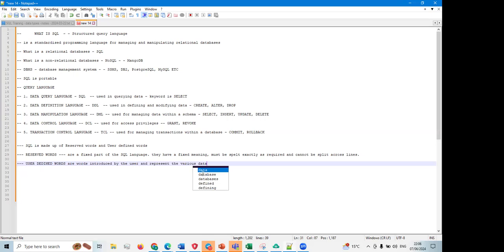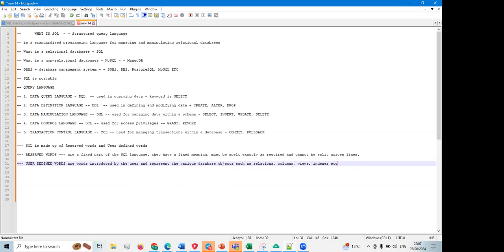The various database objects. Columns. Right.